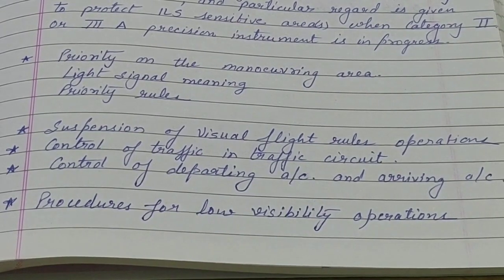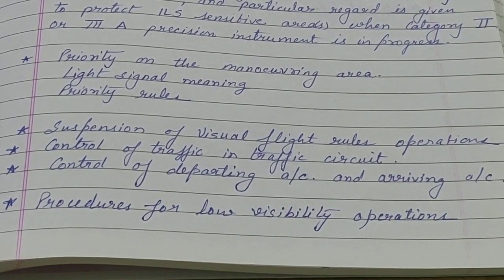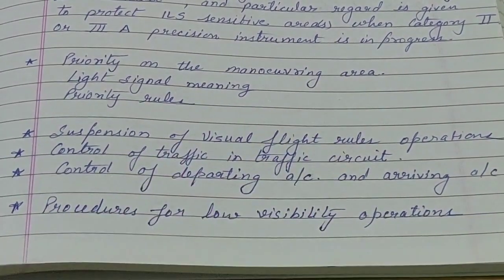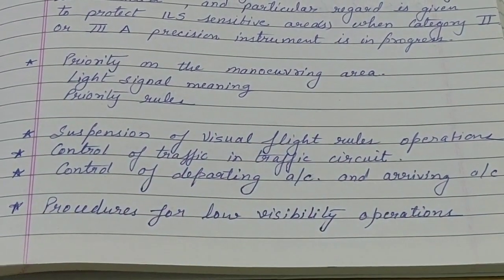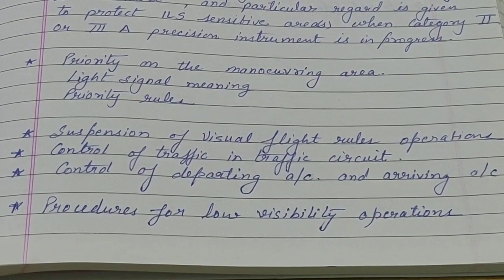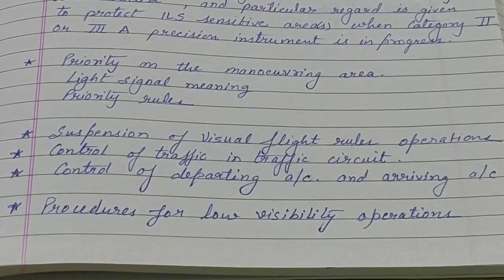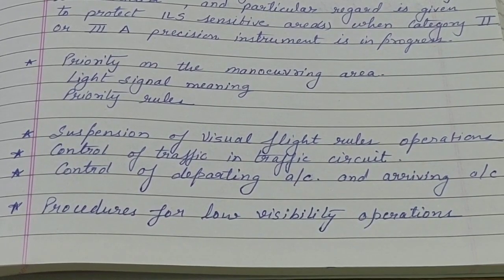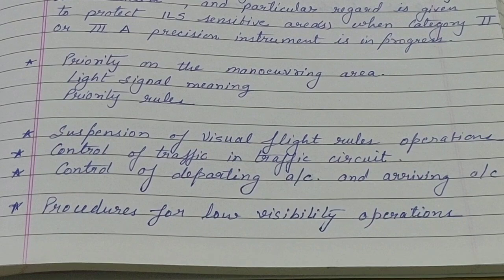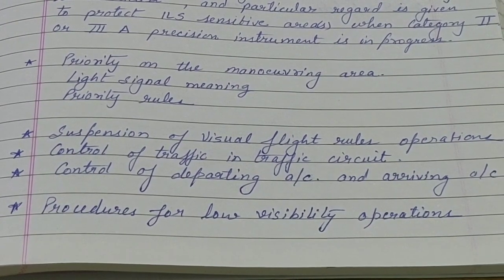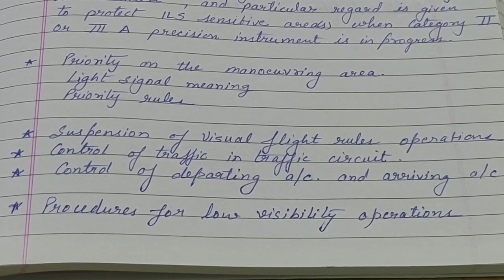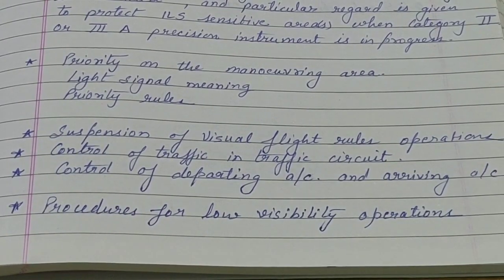Okay, so moving on to the control of traffic in the traffic circuit. First we'll be talking about entry of the traffic circuit. The clearance to enter the traffic circuit should be issued to an aircraft whenever it is desired that the aircraft approach the landing area in accordance with the current traffic circuits, but traffic conditions do not yet allow a landing clearance to be issued.